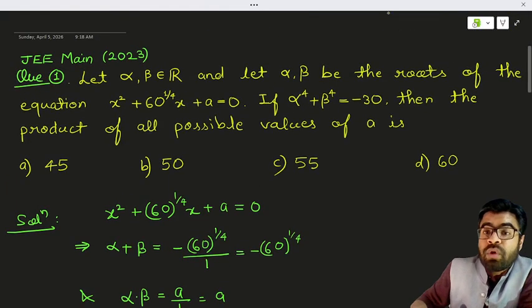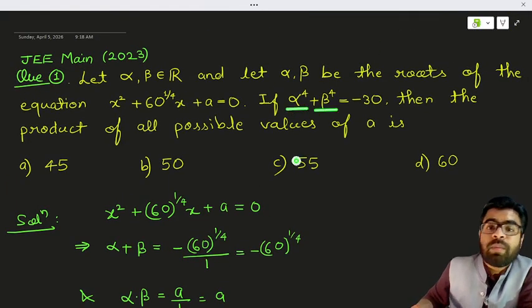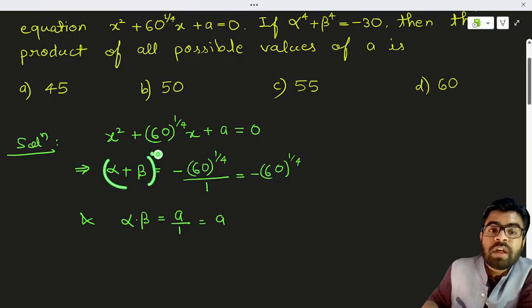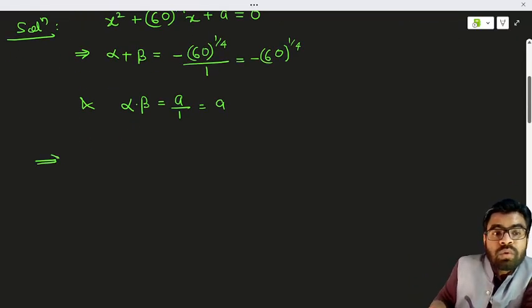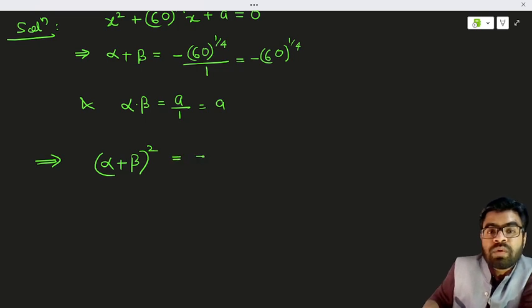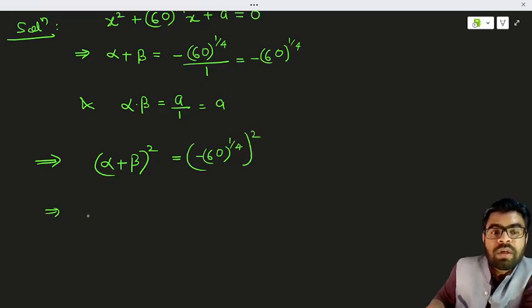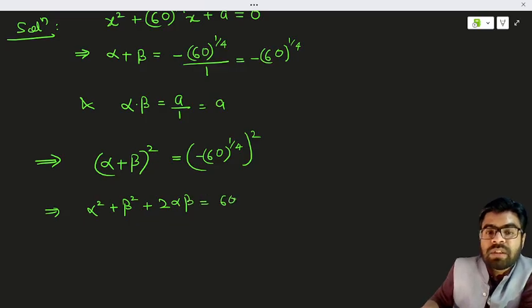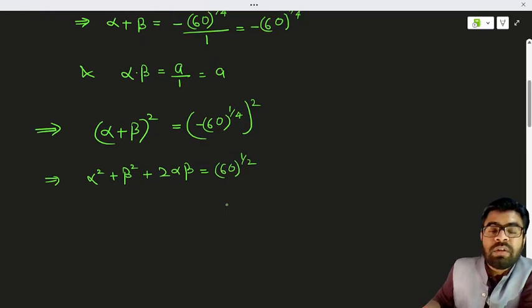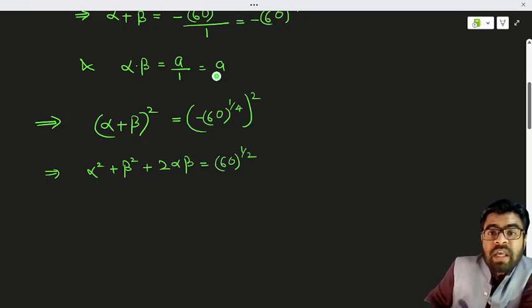But now what we want is alpha power 4, beta power 4. So what can we do? If I operate the square on the sum of roots, we get the square term here. So if I am taking alpha plus beta whole square is equals to minus 60 power 1/4 whole square, what we get is alpha square plus beta square plus 2 alpha beta is equals to 60 power 1/2. Clear? And because we know alpha beta is equals to a, I can put this value here.